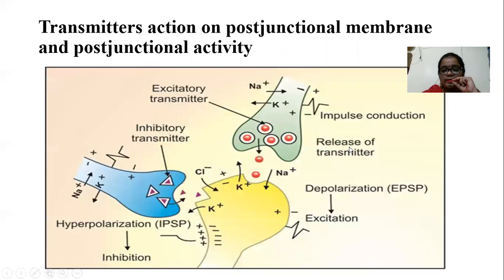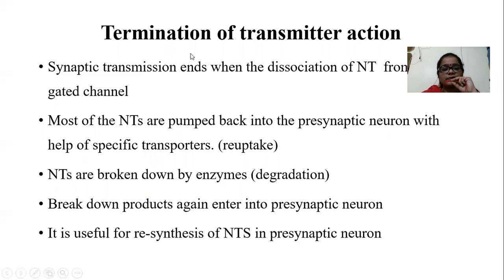So in the first step, the termination of transmitter action: the synaptic transmission ends. When it ends, there is a dissociation of neurotransmitters from the ion gated channel. That time only the synaptic transmission will end.